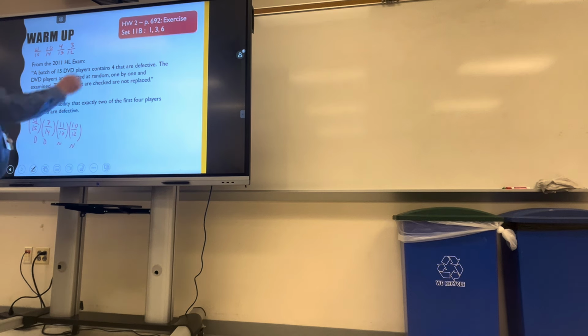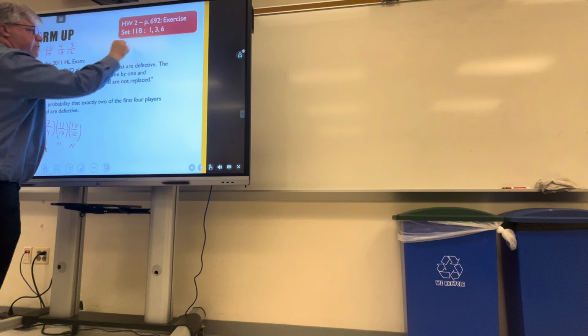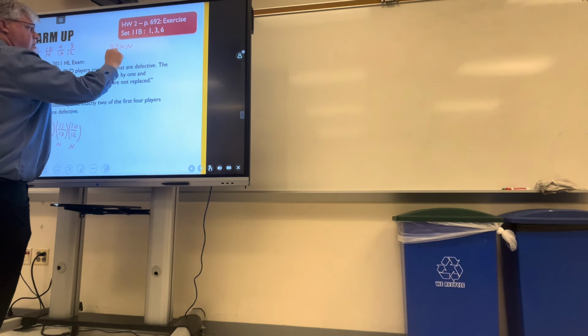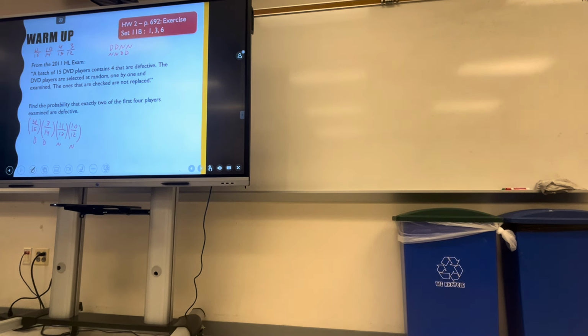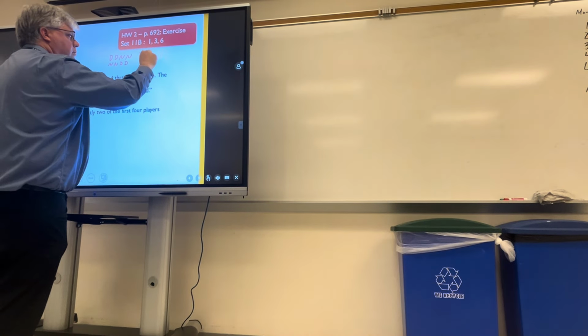So what we really need is to know how many ways I could rearrange this string of letters, right? D, D, N, N. How many ways can I rearrange that look different? So we already have D, D, N, N, and this was N, N, D, D, right? What other ones are there? DN, DN, and the reverse of that, right?